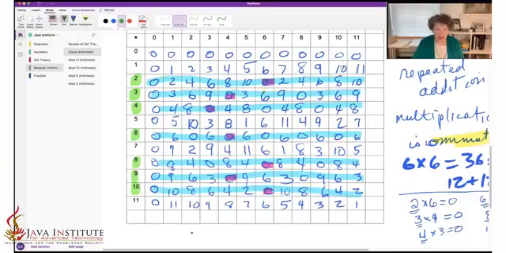If I had 9x equals 8 mod 12, can I solve this equation? Can I solve this equation? No.